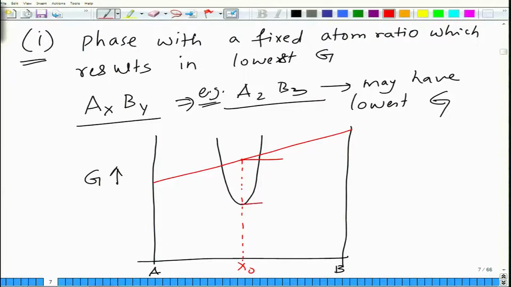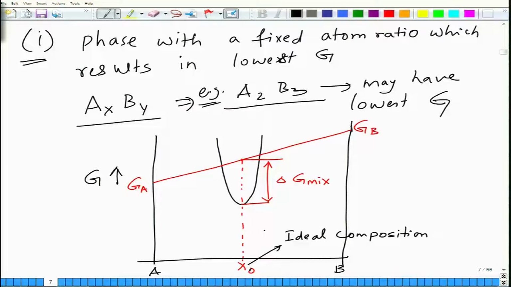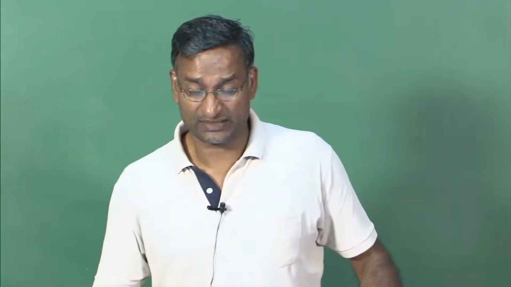This is delta G mixing, and this is G_A, G_B, partial molar energy of A and B, and this x naught is nothing but an ideal composition. Given the narrowness of the free energy curve, it tends to have very little compositional tolerance as far as its own existence is concerned. So AxBy literally means AxBy, it does not have any tolerance for extra A or extra B.